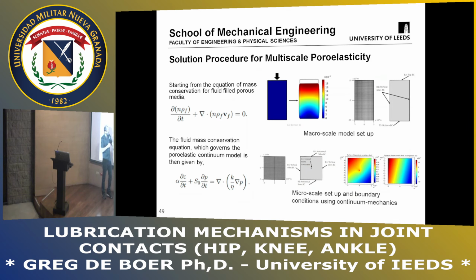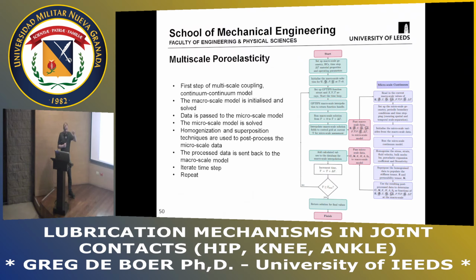And again, we then average over these, or homogenize, and use that data to drive back into our other scale. And the solution procedure is pretty complicated and pretty time consuming. And we have lots of parameters moving around in our model. But what we effectively have here is we need to pass data to this small scale where the fibers are, and then pass data back to the macro scale and increment in time.